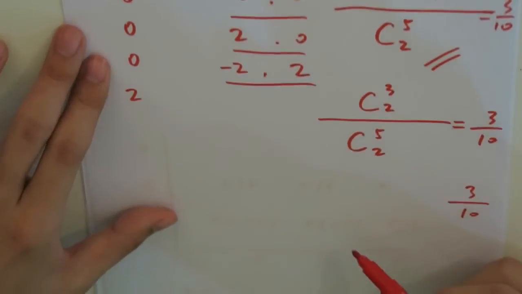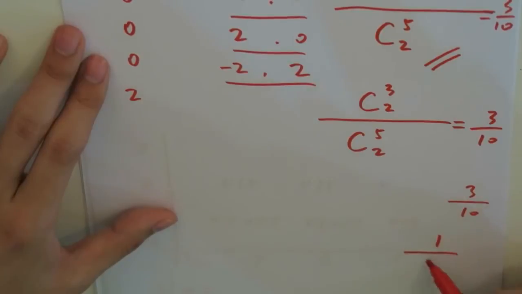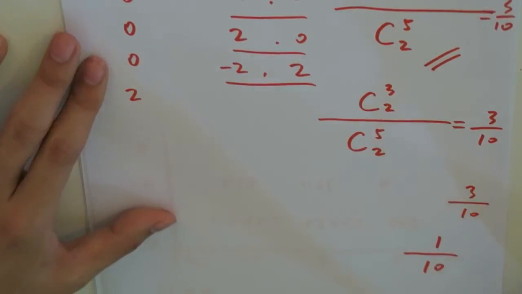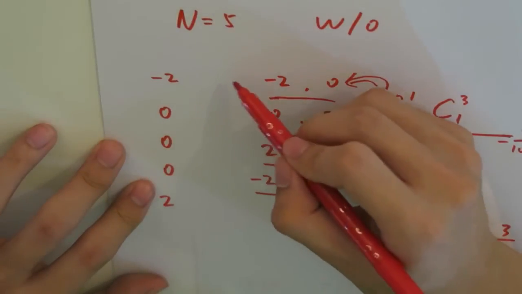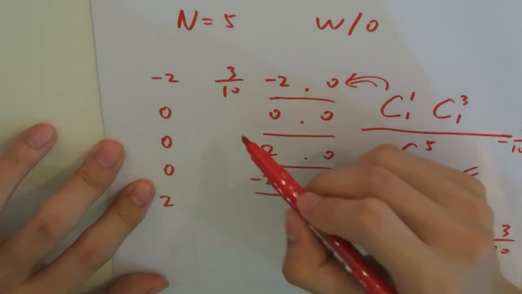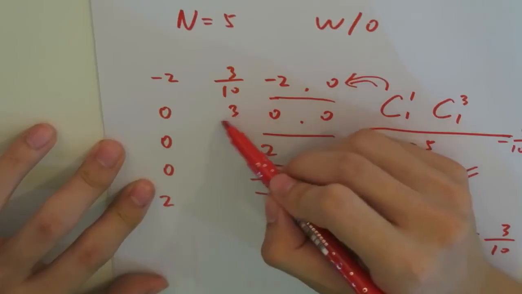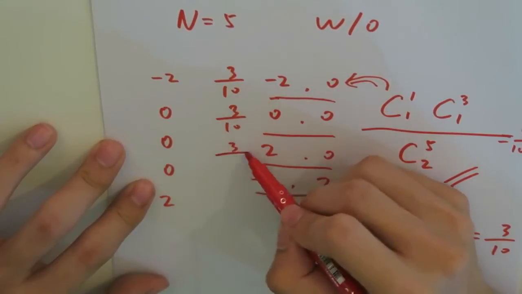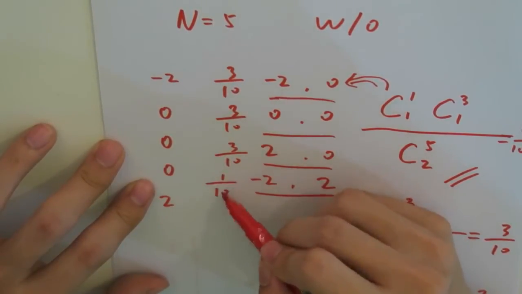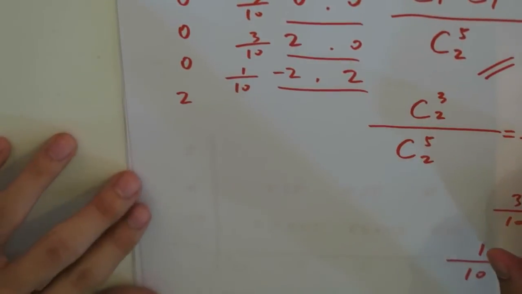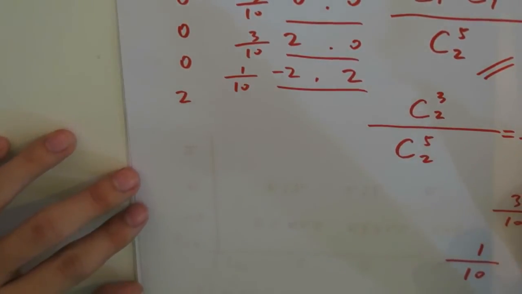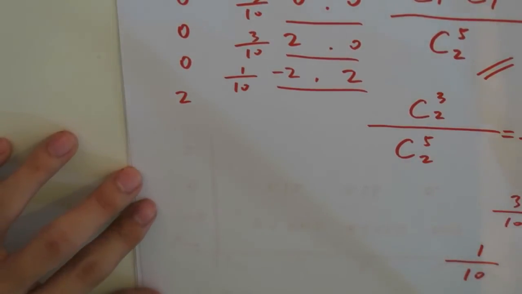And for the last one, it is actually 1/10. Okay, so we can fill in the probabilities: 3/10 for the second one, 3/10 for the third one, and 1/10 for the last one.